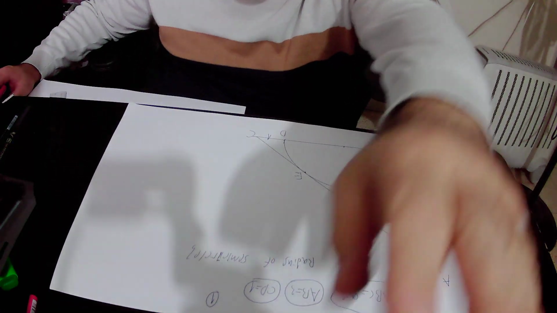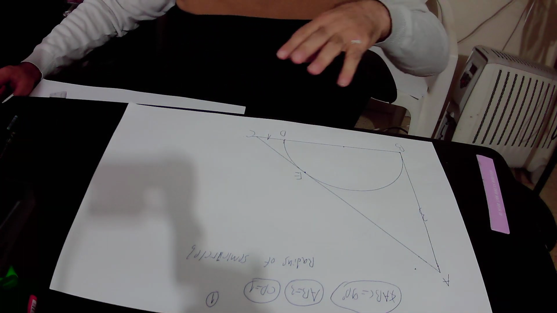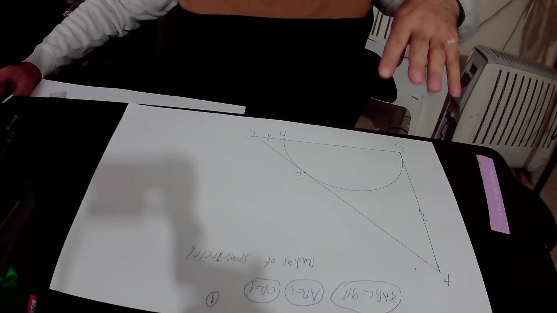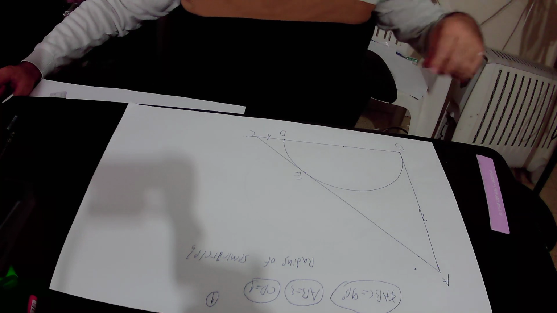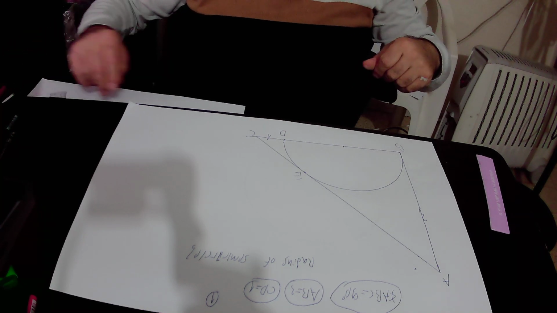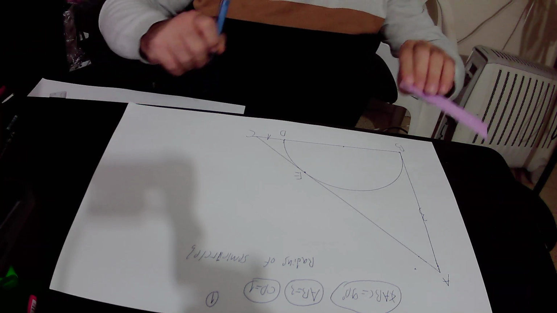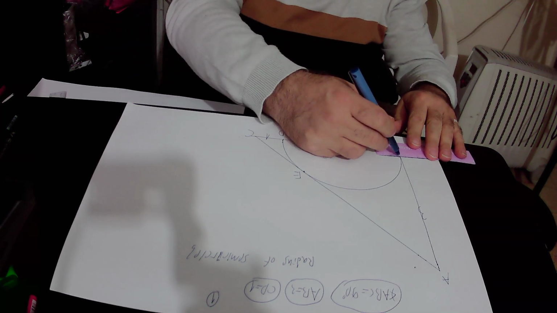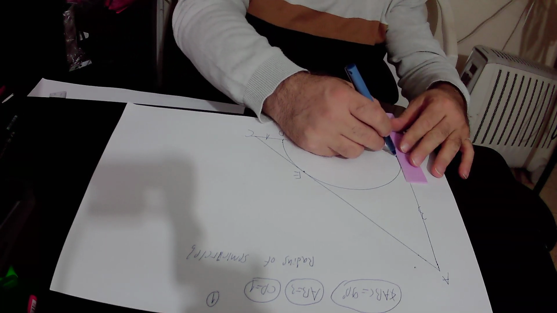Hello, in this lecture we will find the radius of the semicircle. In the drawing we have triangle ABC. Triangle ABC is a right triangle, angle ABC is a right angle, it equals 90 degrees.